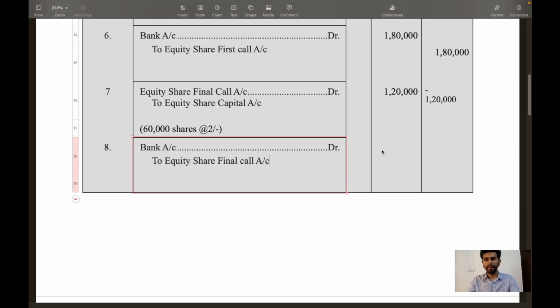Amount will be the same, 1,20,000 rupees. Narration will be being final call money received on 60,000 shares.